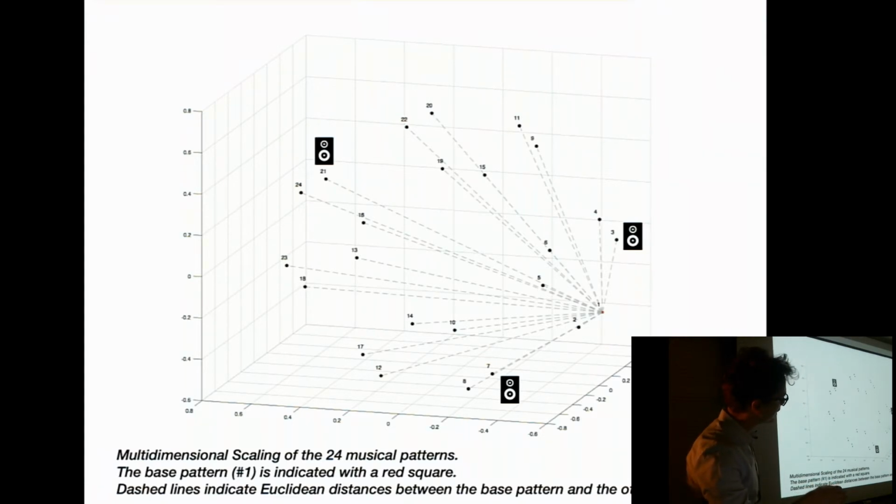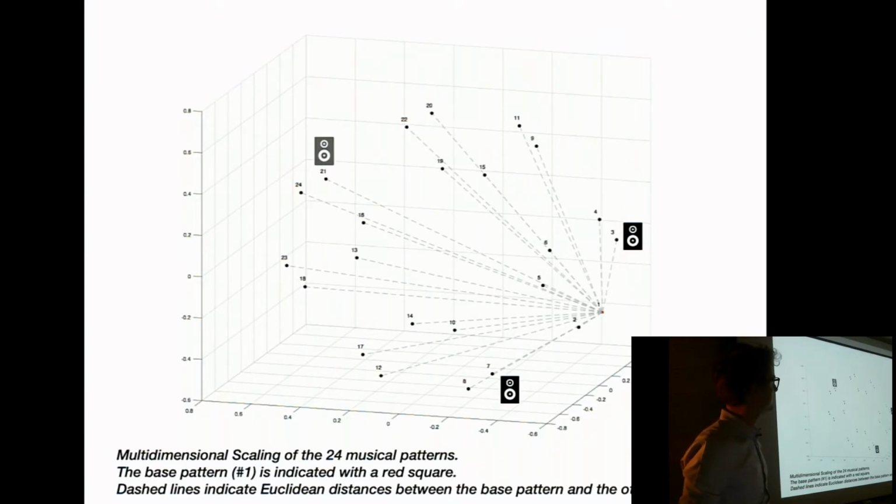These dashed lines are the Euclidean distances between the base pattern and each one of the other 23 patterns in this ordinal space that we created through multidimensional scaling. If we go back to the stimuli, you can hear that this is rather close to the 4-on-the-floor base pattern, whereas number 7 has more permutations, so the difference is larger.